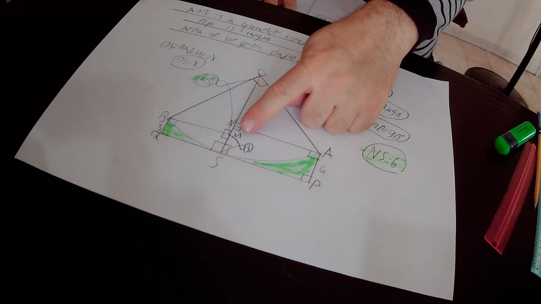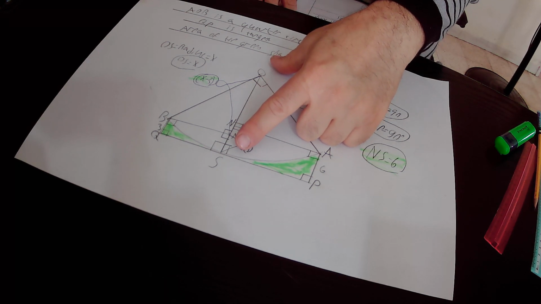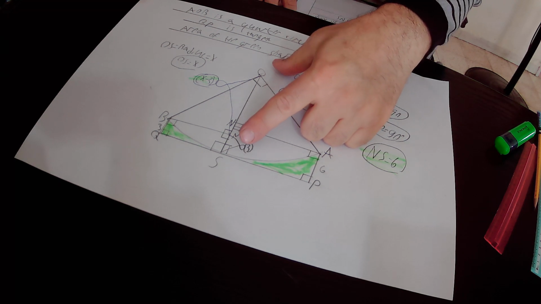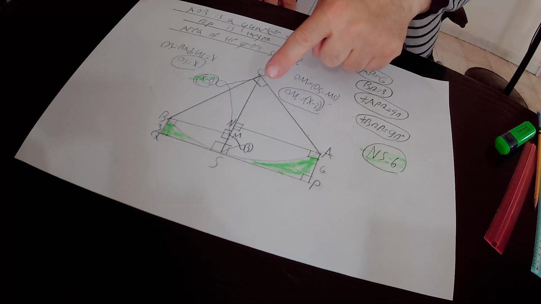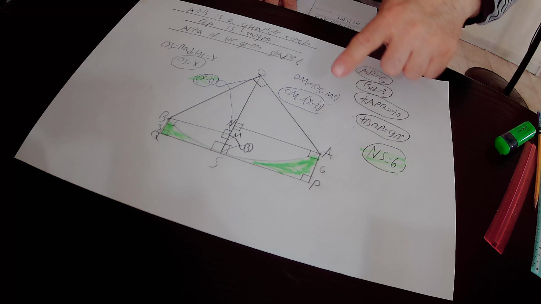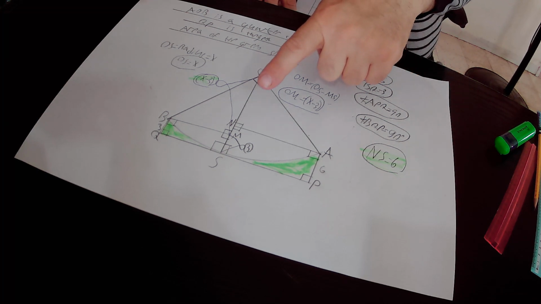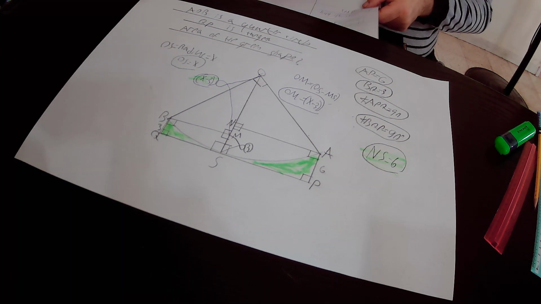But side NS is part of the straight line OS. So if part of the straight line OS is parallel to AP, then the straight line OS itself must also be parallel to AP.